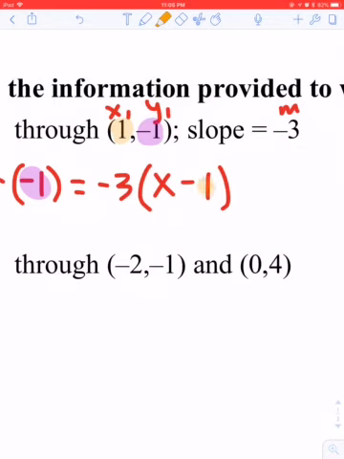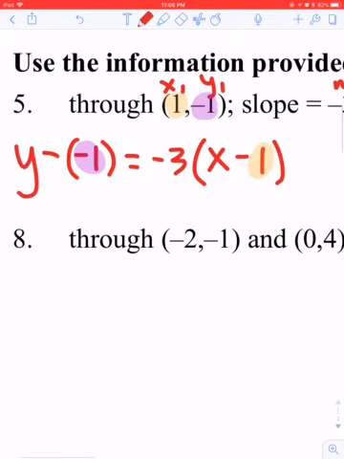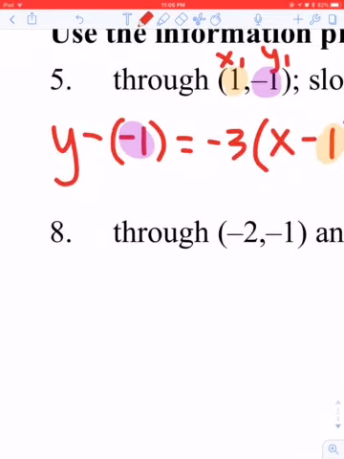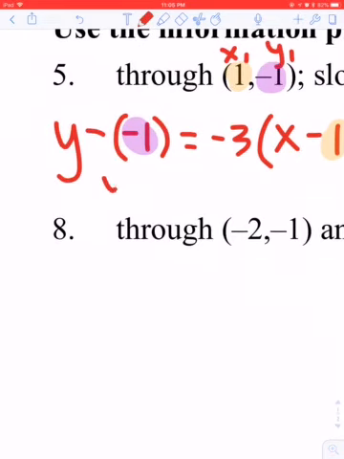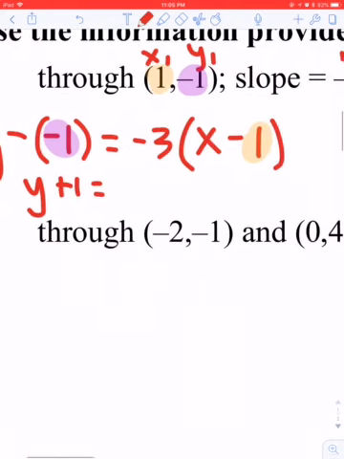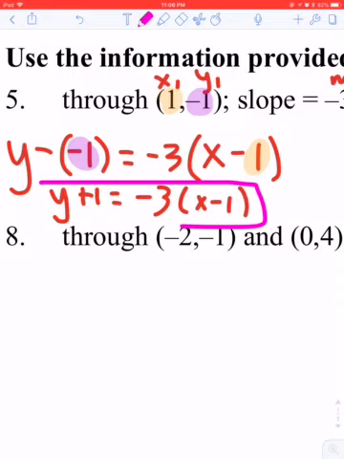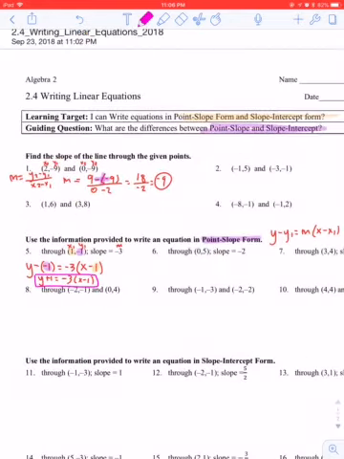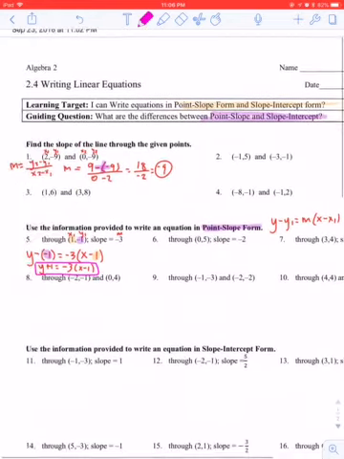So x1 is right there. Then we just got to simplify this a little bit. Just like we said in number 1, when we have two negatives, it becomes a positive. So here I get y plus 1 is equal to -3 times x minus 1. And you can leave it like that. That's an acceptable answer for point slope form. So that is your answer. Pretty straightforward.